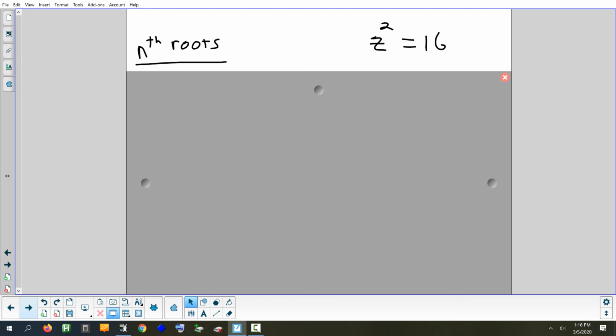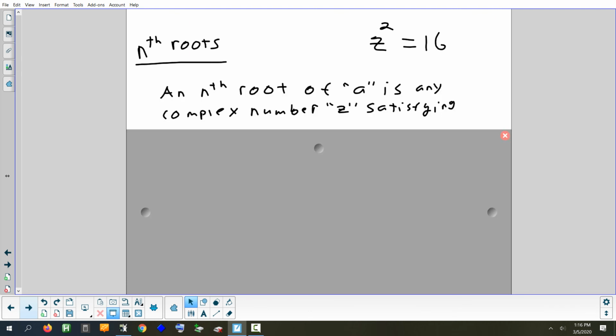Okay. So the idea in general is if you want to find the nth root of a, not just the square root of 16 or the cube root of 10, but the nth root of a, you put the root that you want to find there, and you put what you want to find the root of on the other side.